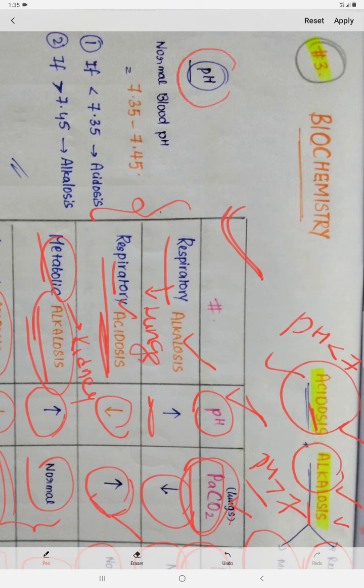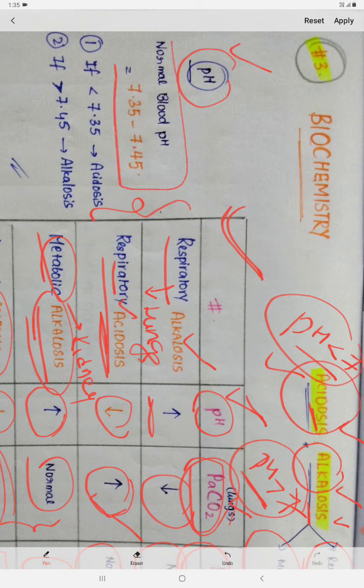And here we have pH greater than 7 or less than 7. That is what we can say normally on the pH scale, but our blood has its own pH value. The normal blood pH is 7.35 to 7.45. That is super important. Please remember this, you need to learn this value by heart, 7.35 to 7.45.